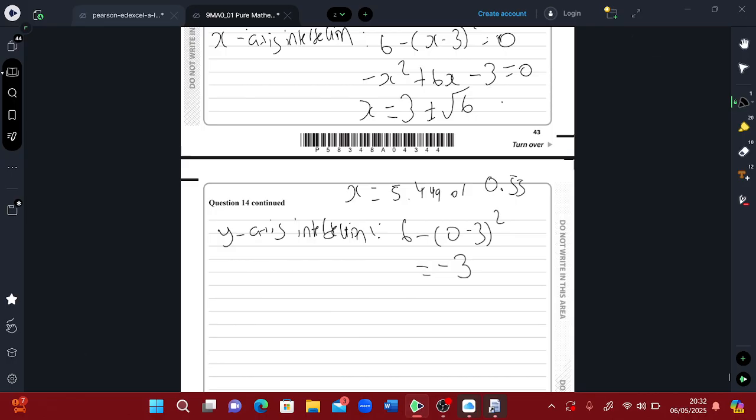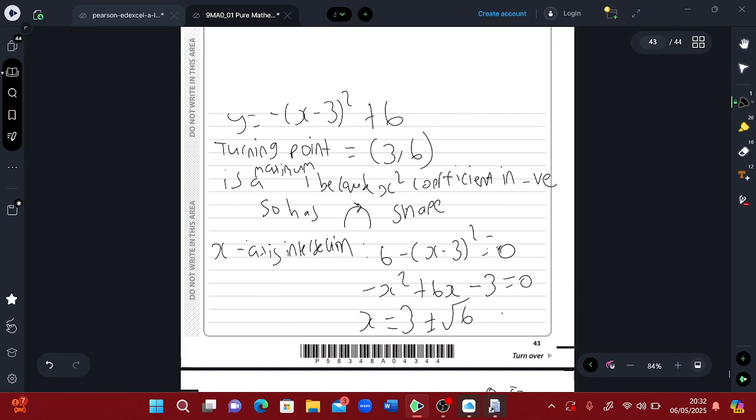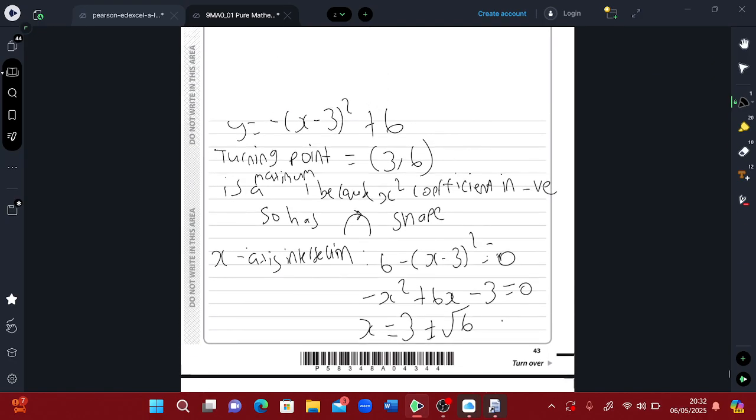Okay, so the other things you need to consider when sketching a graph in general, but that's all you need for quadratics: the turning point and the x and y-axis intersections. Also, for some graphs, you need to consider their asymptote. So, for example, e to the x would have an asymptote at y 0.